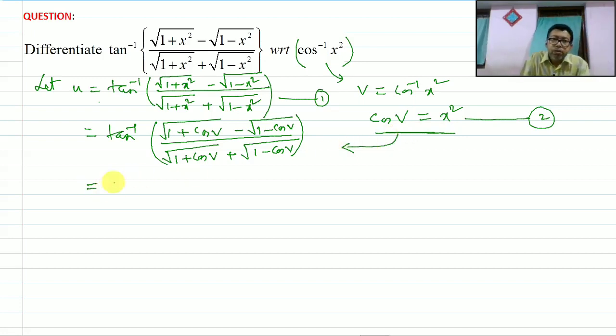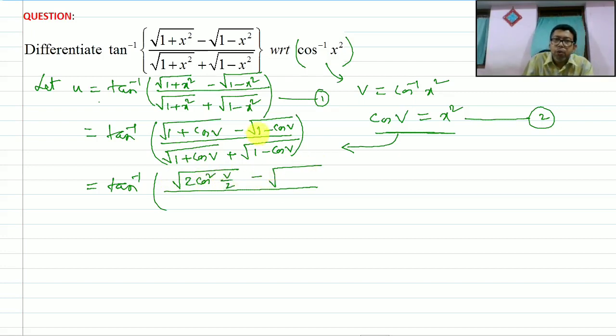Now tan inverse root over of 1 plus cos of v. What is 1 plus cos of v? 1 plus cos v is equal to 2 cos square v by 2. And what is 1 minus cos v? 1 minus cos v is equal to 2 sin square v by 2, isn't it? And similarly the denominator also you have to change.